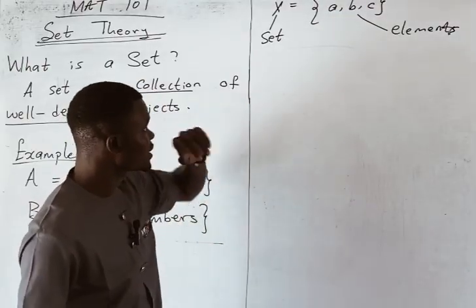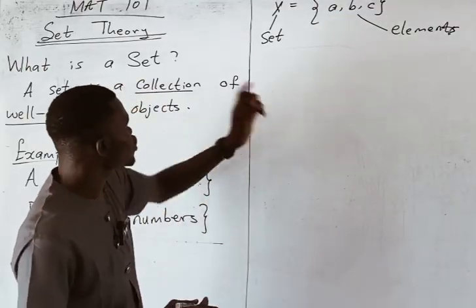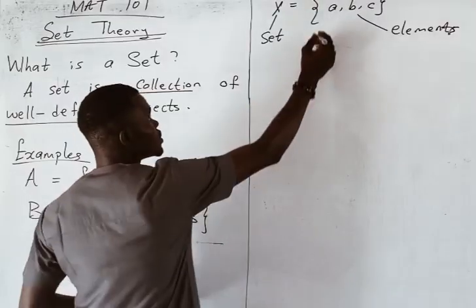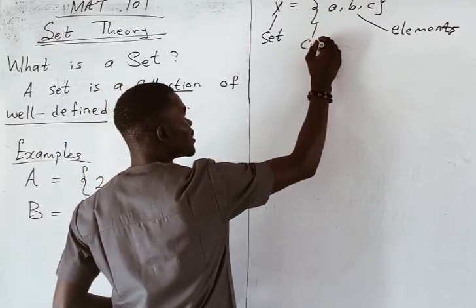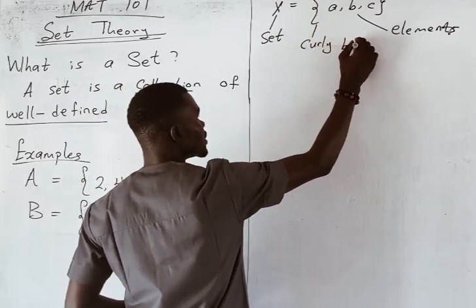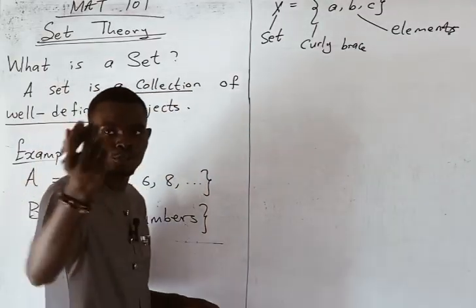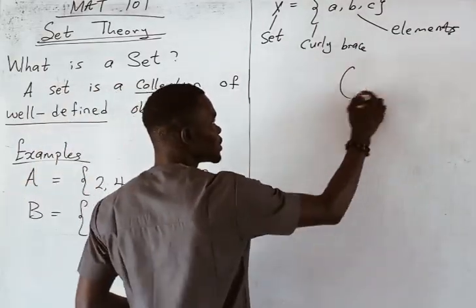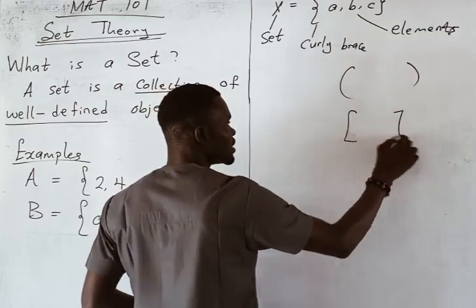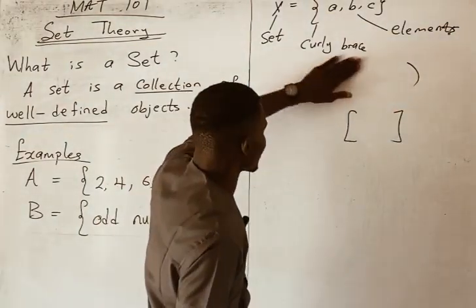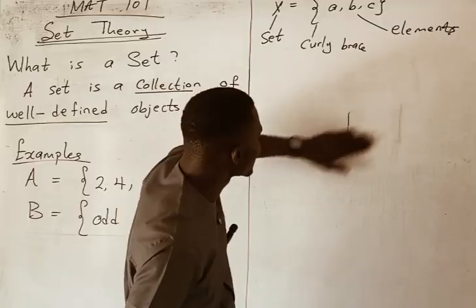This is how we write a set. And for a set, we use what we call curly braces, or curly brackets, to denote a set. So you cannot just use the regular brackets that we know, or large brackets. You don't use these. So this is how we write a set.